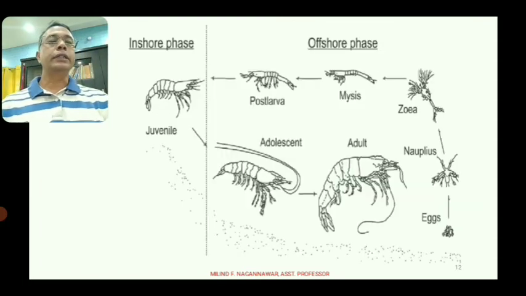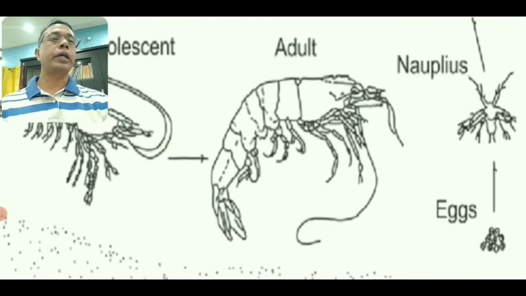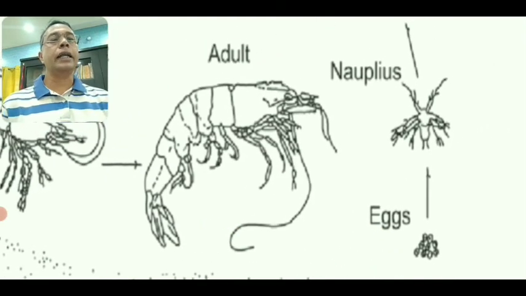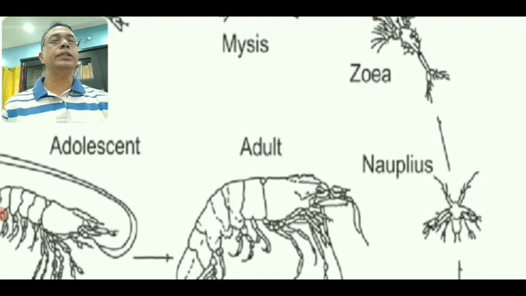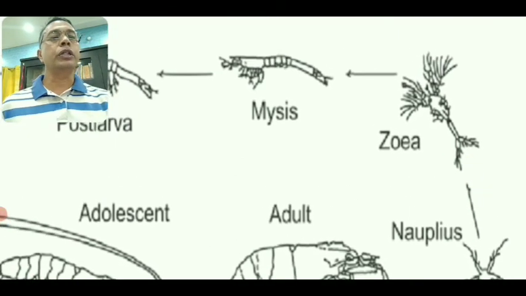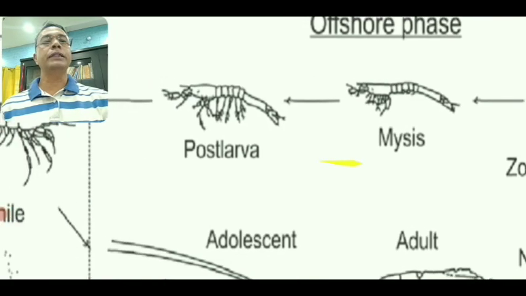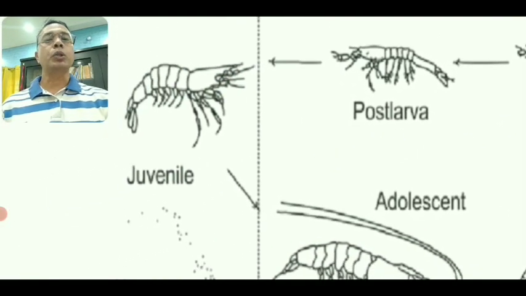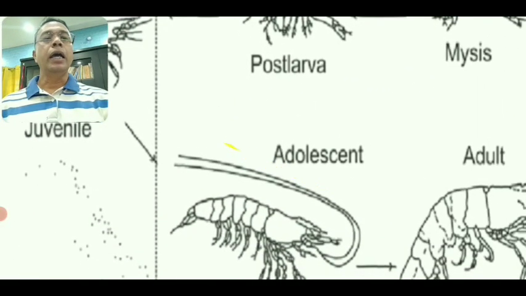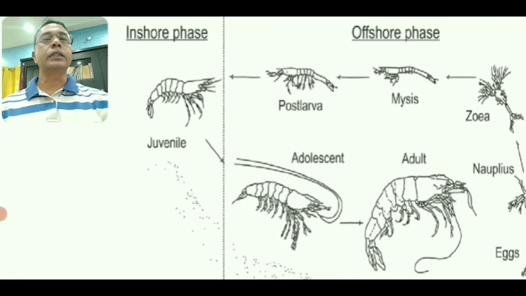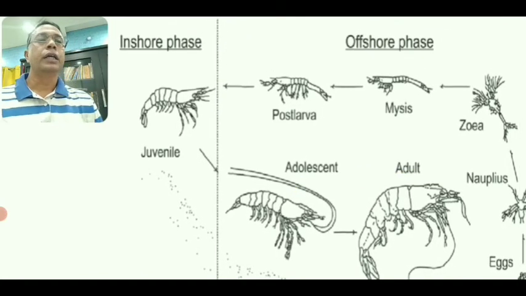See here, the eggs are hatched. They develop into the nauplius. The nauplius develops into the zoea, then the zoea into the mysis, then the mysis into the post larva, and the post larva into the juvenile, and then the adolescent and the adults. So, these are the phases of the life cycle.